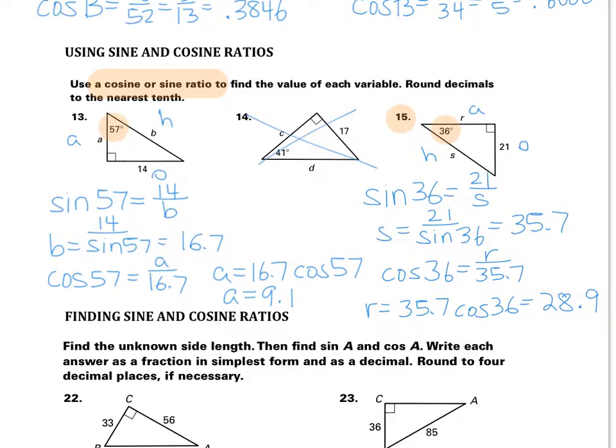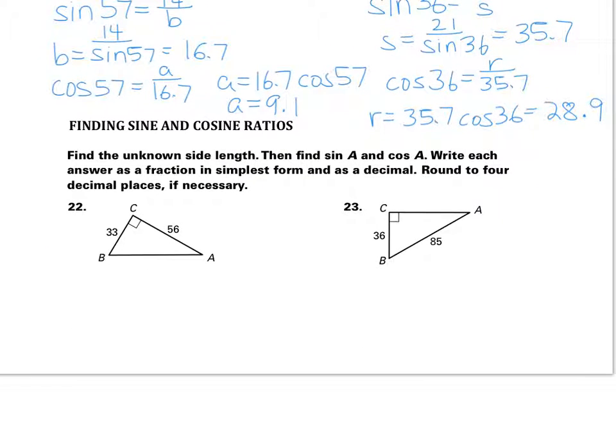And in our last section, we are going to find the unknown side length first, and then find the sine and cosine of A, writing as a fraction and decimal to 4 places. So find the missing side length, given 2. We learned this in the first section. We can use the Pythagorean theorem.